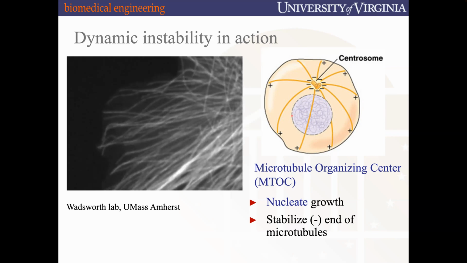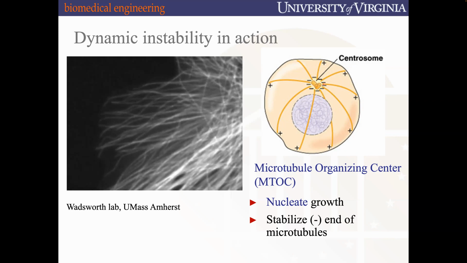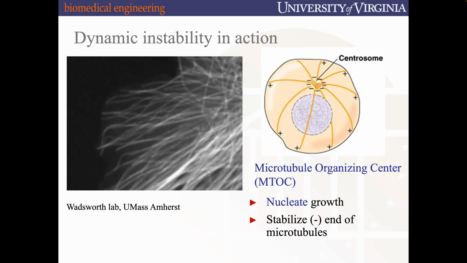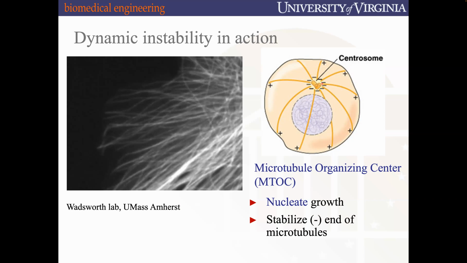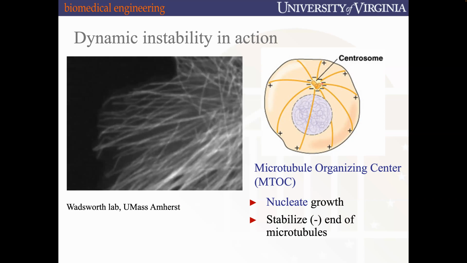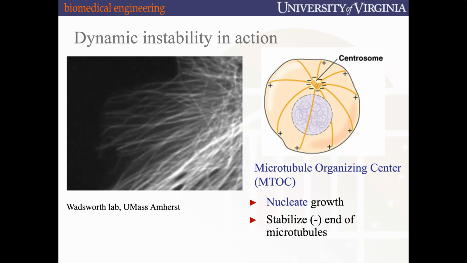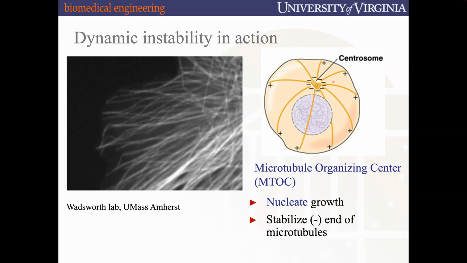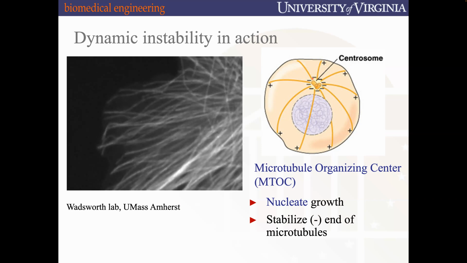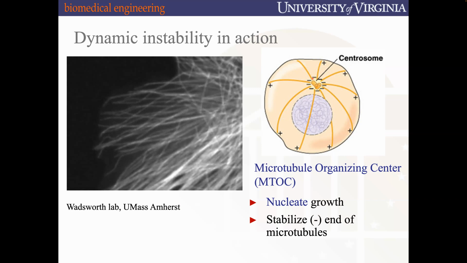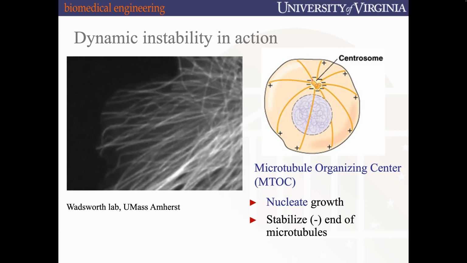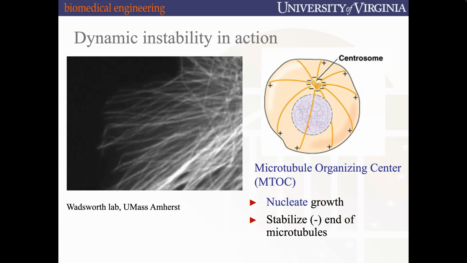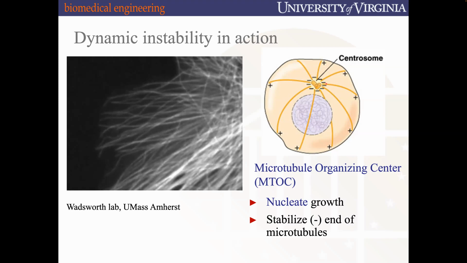So another way that these are structured, these are kind of all coming together at one area and expanding out to cover the cell. And so these middle parts, where the microtubules are associated, is known as the microtubule organizing center. And a centrosome is one example of this that's been really well studied.